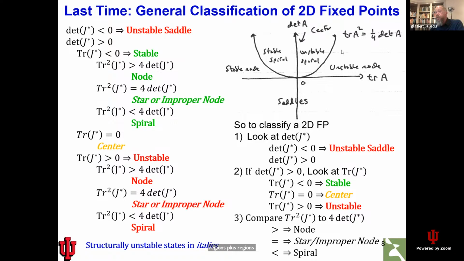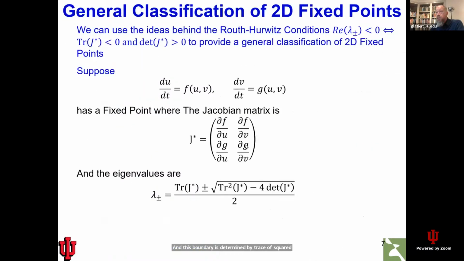And this boundary is determined by trace squared equals 4 times the determinant. That is, the argument of the square root is either positive or negative. And so if trace squared is bigger than 4 times the determinant, this argument is positive. All my eigenvalues are real. If this is negative, then I have complex eigenvalues.